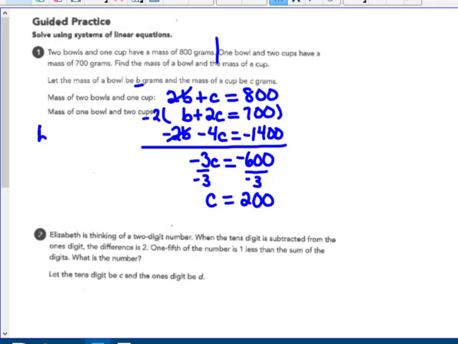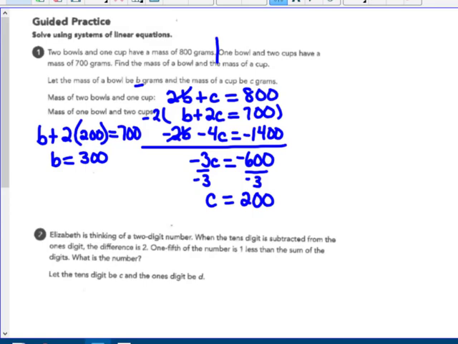Well, a bowl plus 2 cups, 2 times that 200, equals 700. So I'm substituting in, that's 400. So a bowl must weigh 300, right? I can figure it out by subtracting 400. So yes, a bowl must weigh 300 grams and a cup must weigh 200 grams.